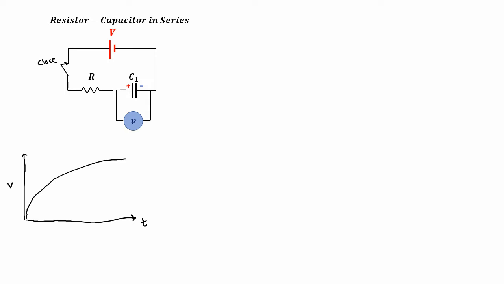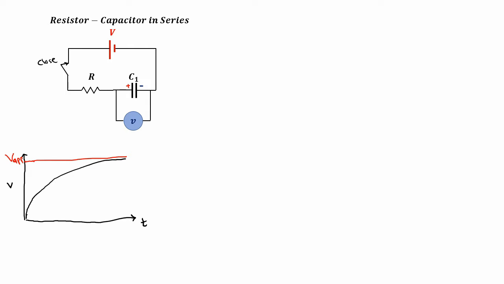First it is increasing fast, and then it is increasing not as fast, and then eventually it slows down. Theoretically speaking, the capacitor will never be able to reach the voltage applied. Theoretically speaking, this black curve here, the plot, becomes an asymptote.